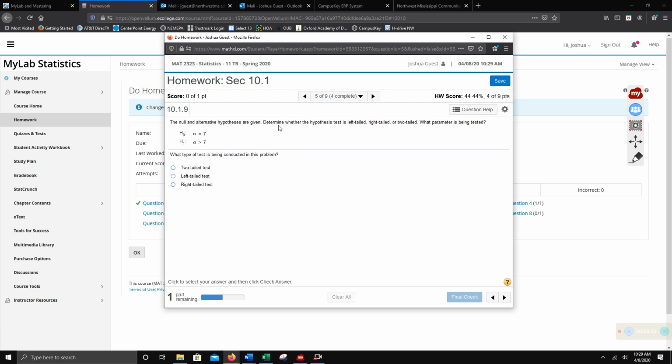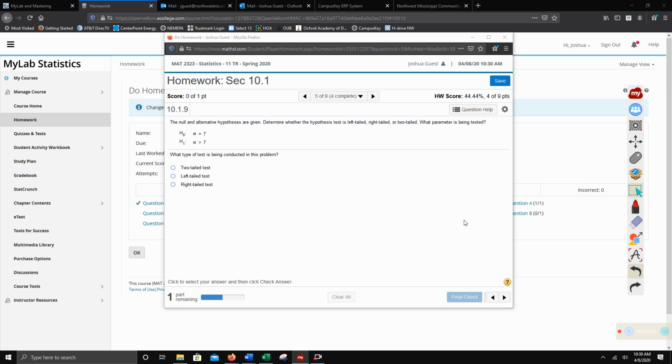Determine whether the hypothesis is left-tailed, right-tailed, or two-tailed, and what parameter is being tested. So here, H naught is the null hypothesis. H naught is sigma equals 7, and then H1 is the alternative hypothesis, and it is greater than 7. So the greater than tells me it is not two-tailed.